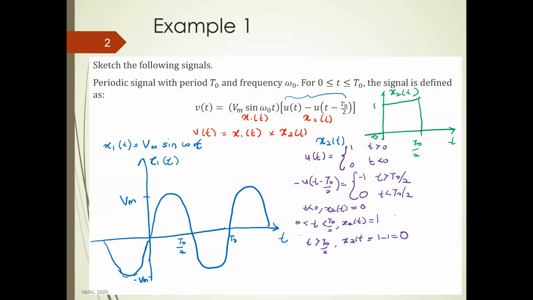So we have a rectangular signal. We have x1t and we have x2t, we just have to multiply them together.